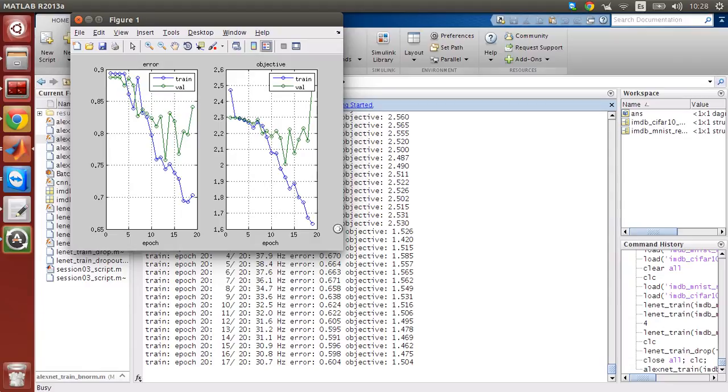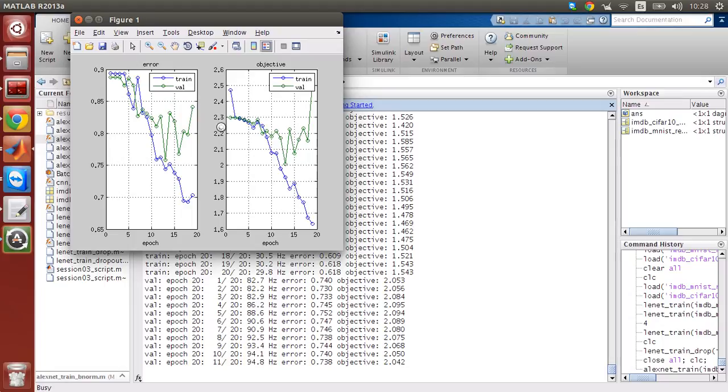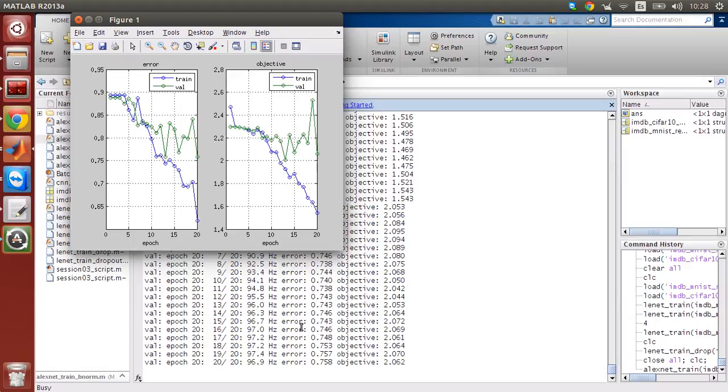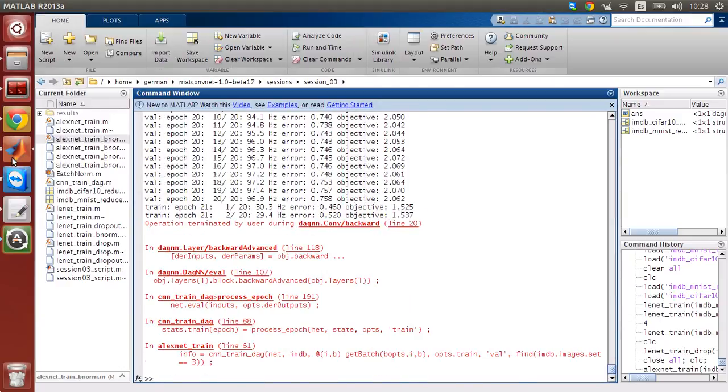You see that things are going to be weird. We have several peaks, several going up and down.